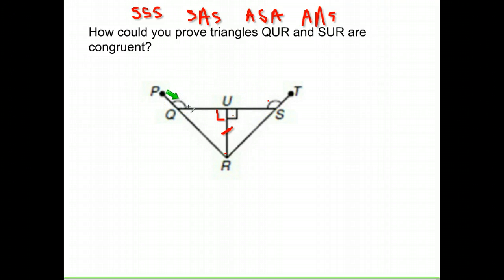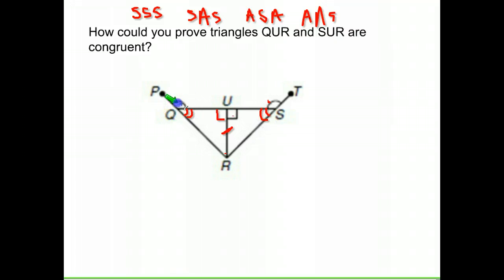Let's say this was 120 degrees and this was 120 degrees. Notice they form a straight line, a linear pair, with the angle next to them. We had a theorem that said that if two congruent angles form a linear pair, the angle they form a linear pair with is congruent, which is the case.